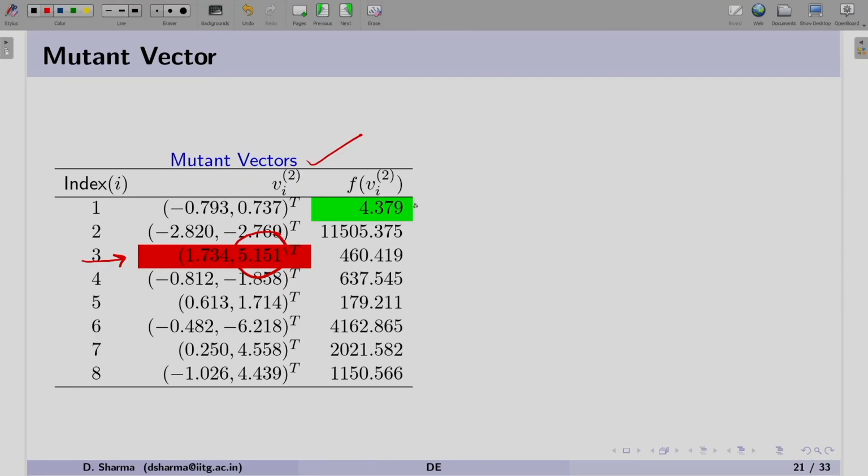That is the first observation: the operations which we did earlier can make our vector go out of the bound of the variable. The second observation is shown in the third column, represented in green. Here, we started with an initial population which has a certain fitness.